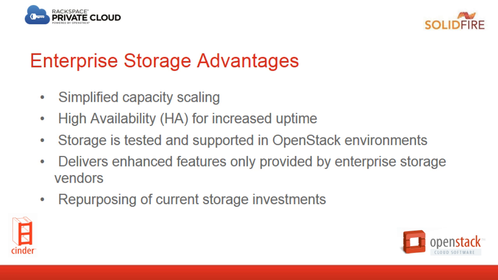But with things like enterprise storage and third-party vendors and those backends, they have advanced, more enhanced features that only they can do. And Cinder does offer a mechanism for you to expose those features if you want. So that's something to always consider. You can always use things like extensions or special implementations through volume types to deliver some extra things, whether it be quality of service or replication or things like that.